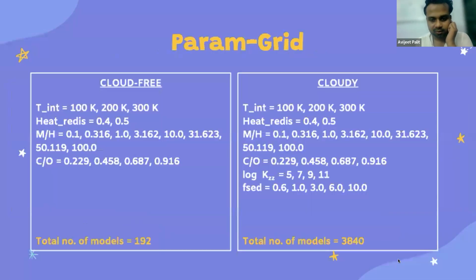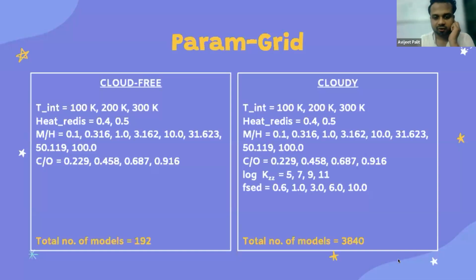Next slide. Our parameter grid for the cloud-free atmospheric model consisted of the parameter internal temperature with values 100 Kelvin, 200 Kelvin, and 300 Kelvin. Heat redistribution as 0.2 and 0.5.